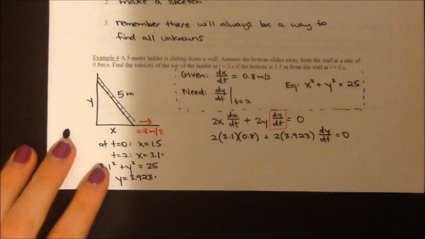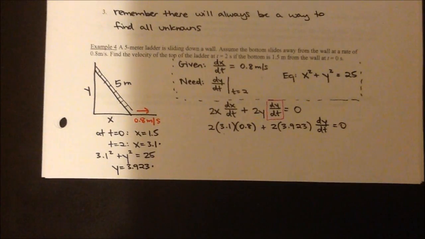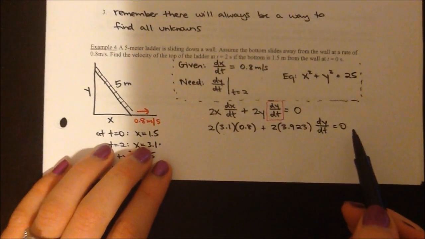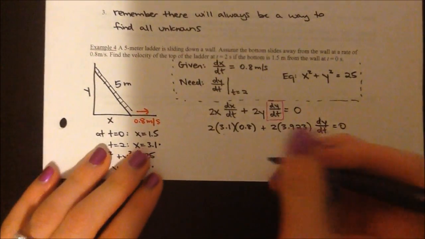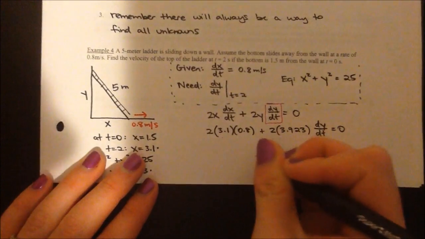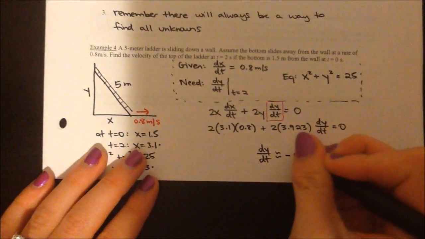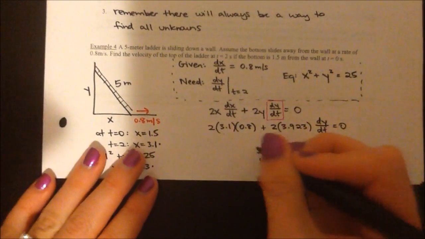All right, so just a little bit of math here, some multiplication, some subtraction, some division. So what we're going to do is take this piece right here, subtract it from both sides, and then divide by this coefficient right here. So what we're going to end up with is dy by dt is approximately negative 0.632 meters per second.